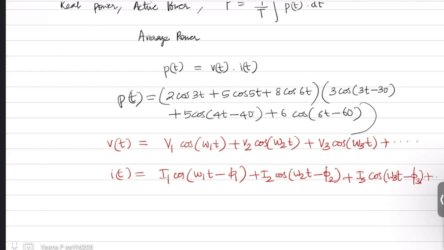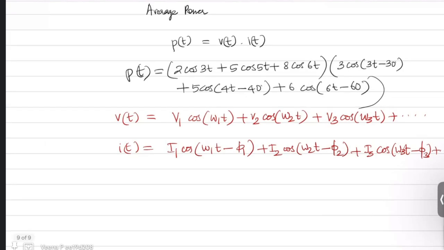So if you want to find the average power in a circuit whose voltage and current are given in this manner, you first multiply them to find the instantaneous power. So let us go step by step.